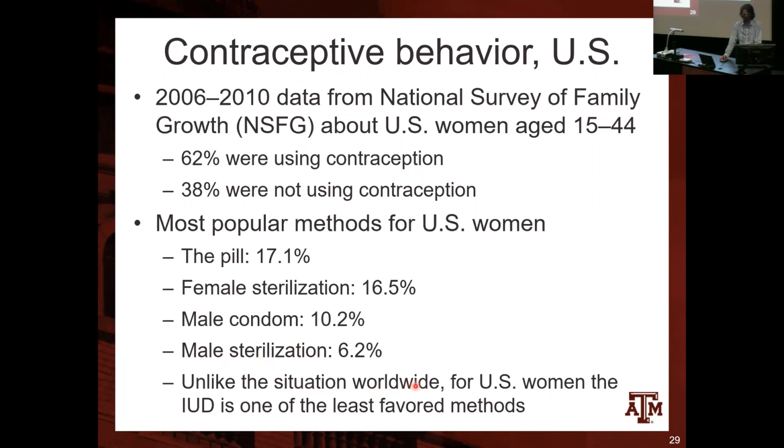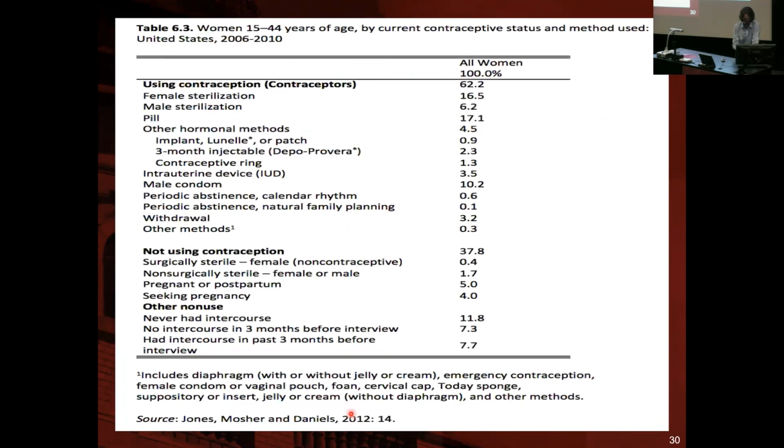Unlike the situation worldwide, for US women the IUD is one of the least favored methods of family planning among the modern methods. And this is the data I just mentioned for US women 15 to 44 between 2006 and 2010.